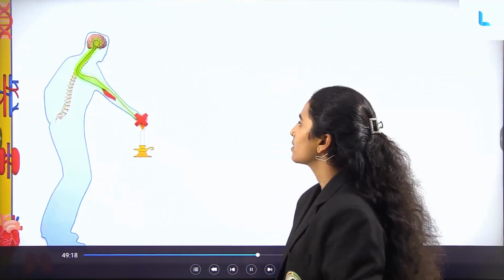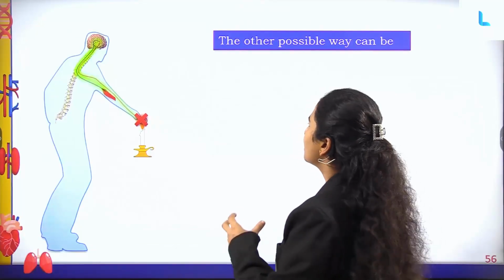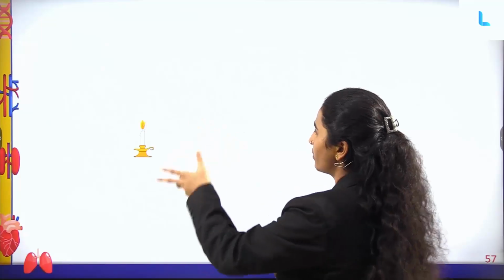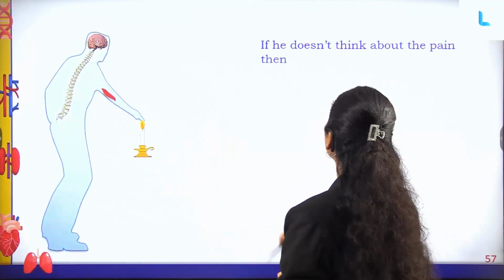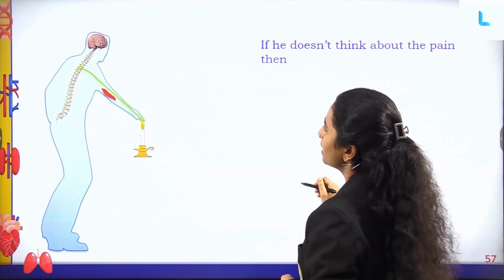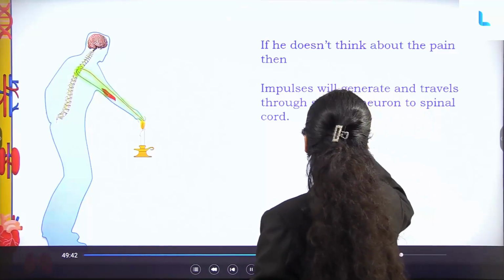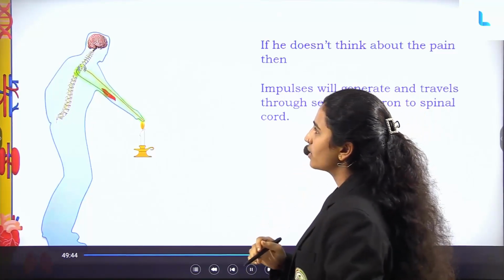So what if he has to react suddenly? Here there is another possible way, not only with the help of afferent and efferent neurons, there is some other pathway which is acting. If he doesn't think about the pain, then impulses will generate and travel through the sensory neurons to the spinal cord.